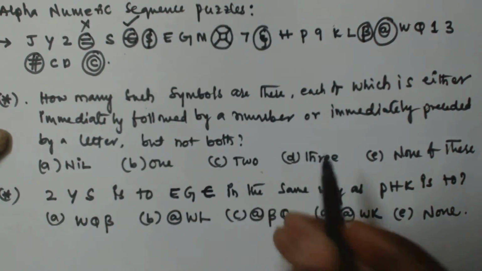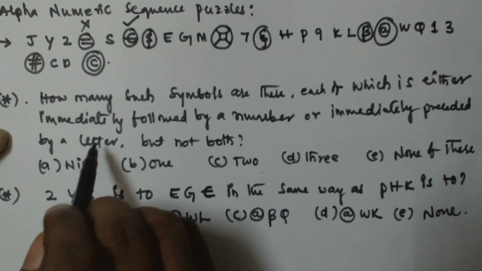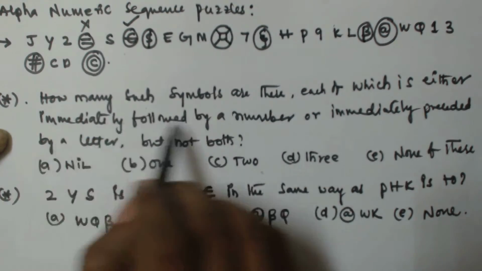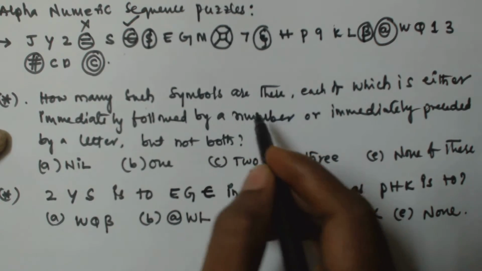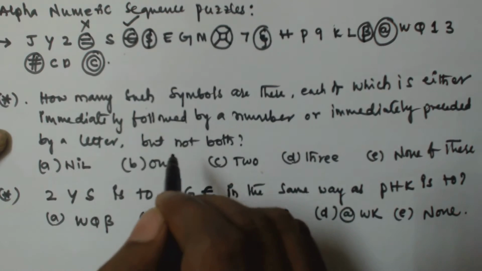Why? Because it is preceded by a letter, and it is not followed by a number, as it has to satisfy any one of these but not both. That's why I'm taking that one.